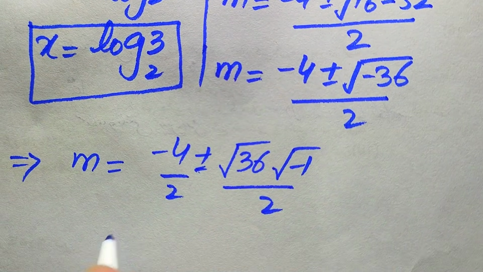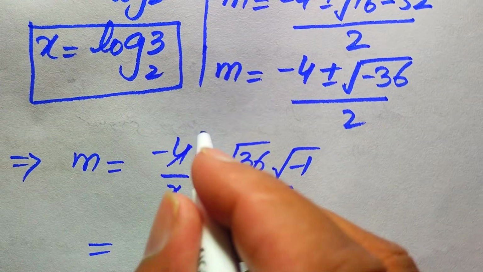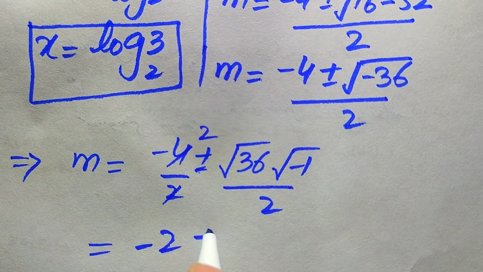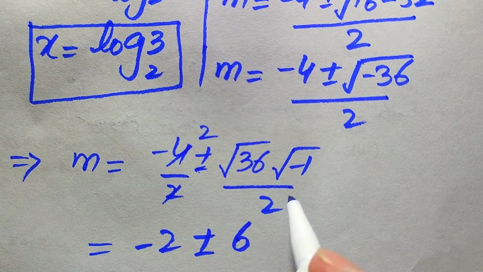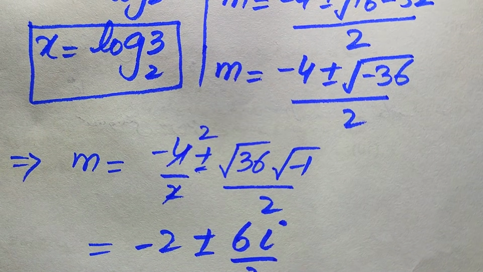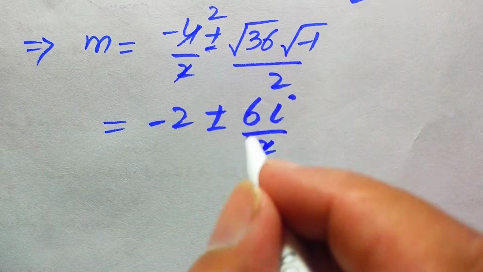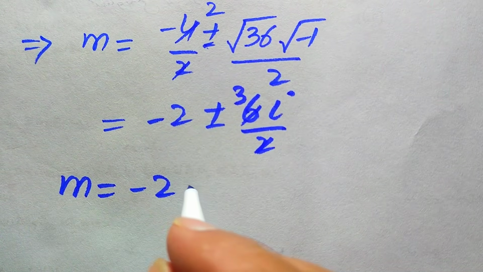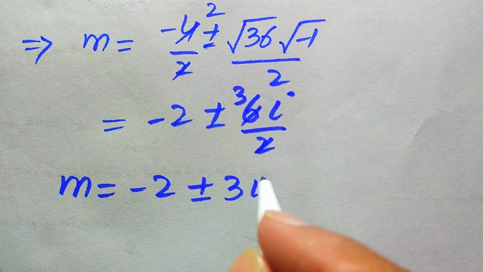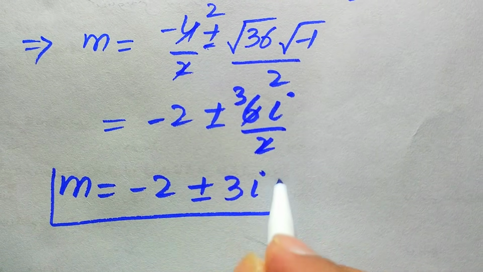And now this becomes 2 times 2 is 4, and we have minus 2 plus minus, we know that square root of 36 becomes 6 and square root of minus 1 becomes iota, divided by 2. So 2 times 3 becomes 6, and we get m is equal to minus 2 plus minus 3 times iota.